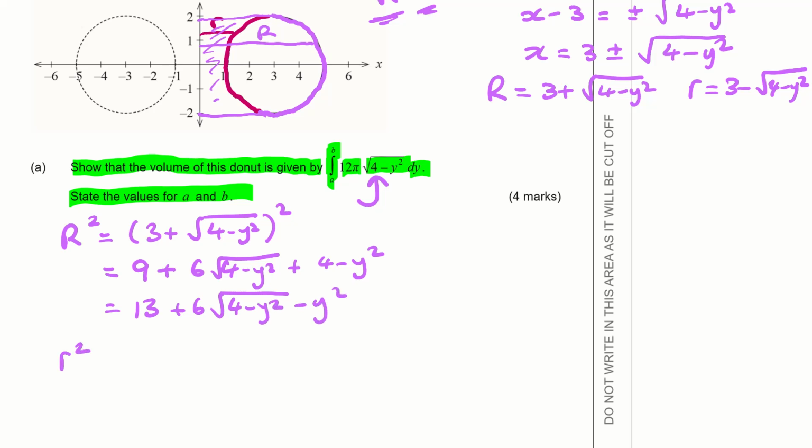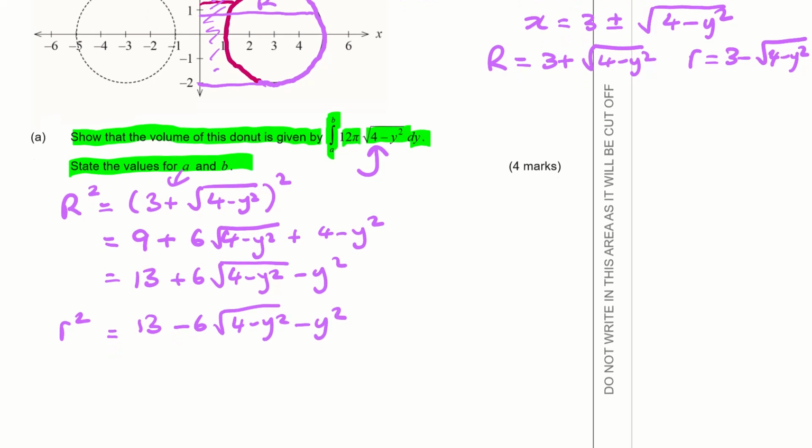If I do the same for r squared, the only difference is the minus there. Then R squared minus r squared gives me 12√(4 − y²). So that is great.